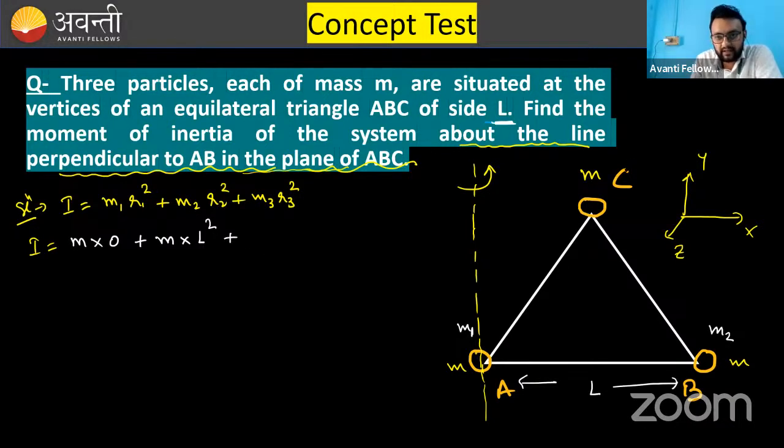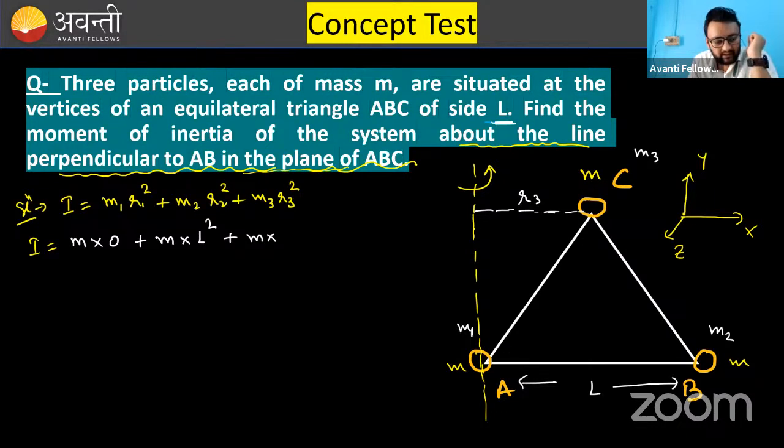Plus the third mass, I am taking this as the third mass, m, into the perpendicular distance of this mass from the axis. This is the perpendicular distance, so this is going to be our R3. So what we need to do is calculate this distance.